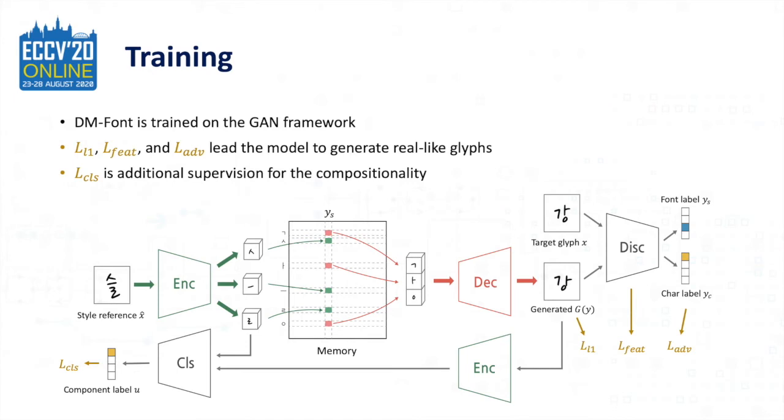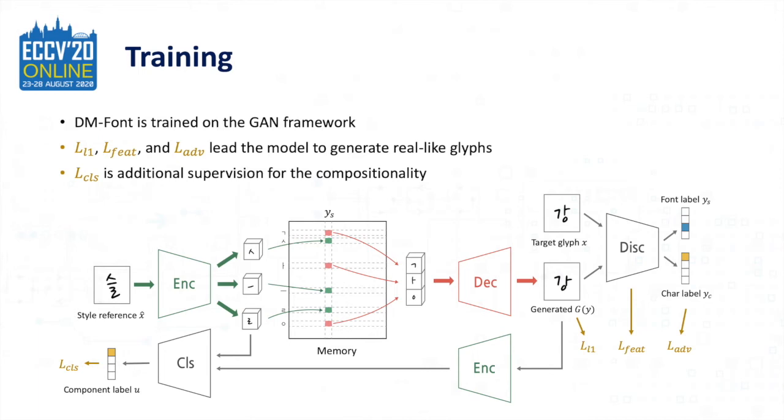In addition, we adopt a component classification loss for explicit compositionality supervision. The encoded features from input and generated images are fed to the component classifier, and it is trained with the cross-entropy loss using the component labels.